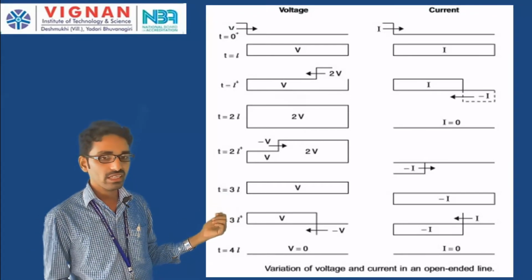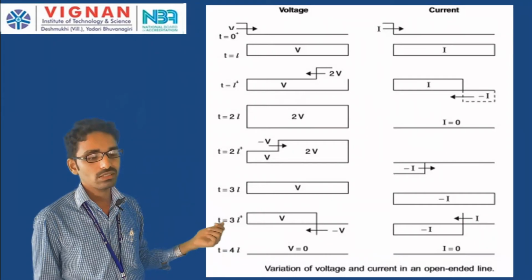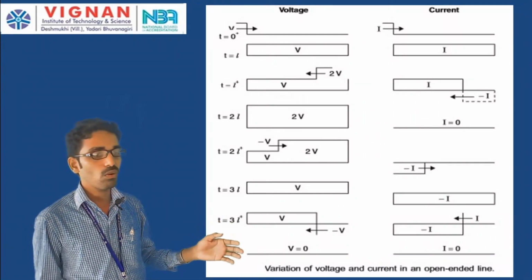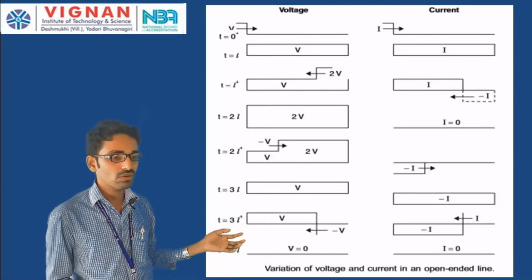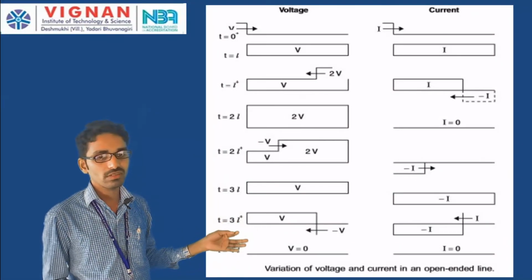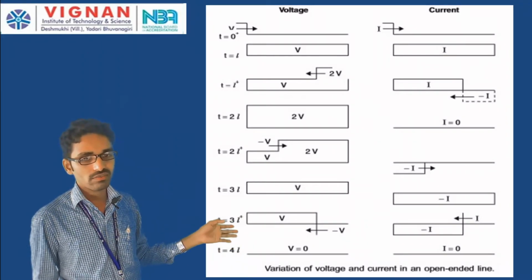Next, after t equal to 3L+, again the voltage wave is reflected back. That reflected voltage wave is negative, so that negative wave continues towards the line.